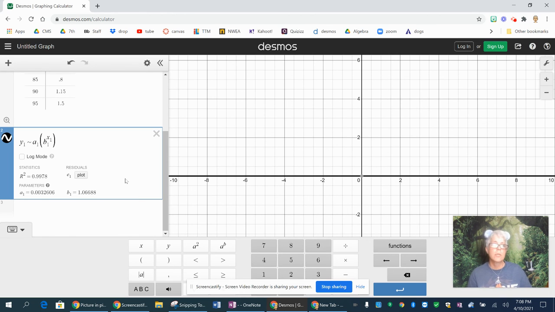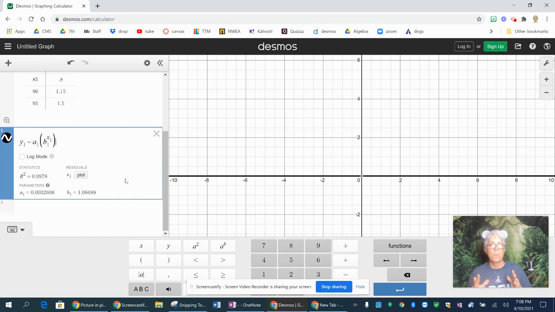Now, where is it crossing over the y-axis? What is the starting point? Look at the numbers. It crosses at 0.00326606, and that is your A right there.